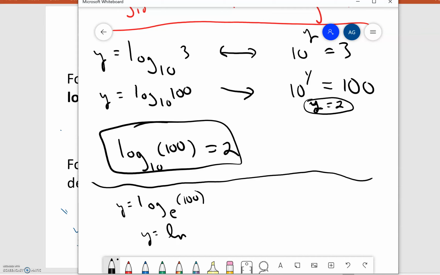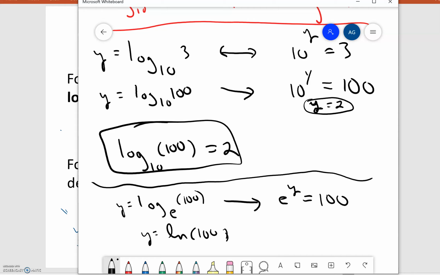So if I write y equals ln of 100, the exponential form of that is e to the y equals 100, and I have no idea what the answer to that is. I mean, I could roughly guess it, like what power of e would give me 100, but I don't know it off the top of my head. I'd have to calculate that.